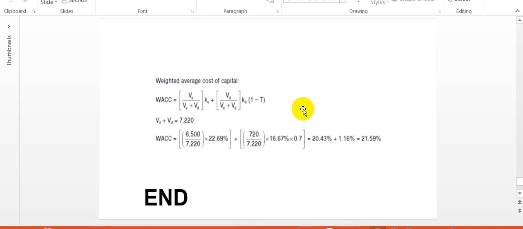You will certainly find in the multiple choice questions also different short computations of the cost of financing, either cost of debt, cost of equity, using the different formulas that we have gone through in this video lecture.